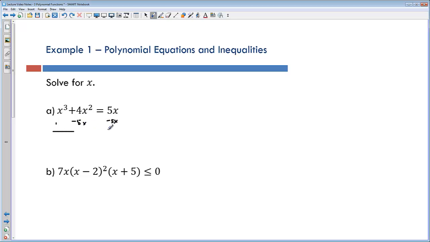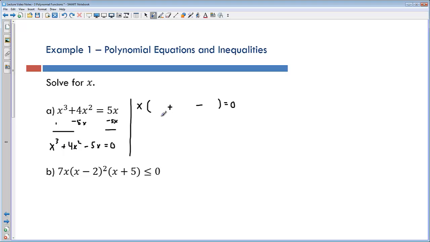And when you do that, you're going to see that they all have an x in common. So minus 5x is equal to 0. Because they all have an x in common here, we can factor out that x. So we're going to pull out an x and play this little game: what goes here plus what goes there minus what goes there, that's equal to 0.